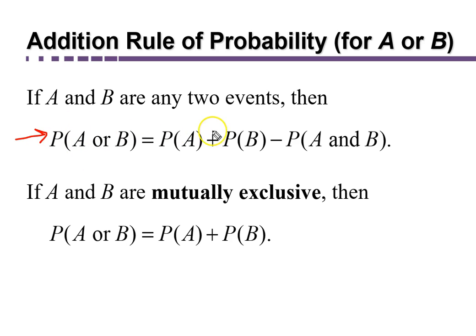If they're not mutually exclusive, you have to subtract those that are found in both, so you only count them once. And we'll illustrate this shortly. Now, if they are mutually exclusive, then the probability of them is just the sum of the two events. Here, it'd be the sum of the two events, but subtracting out those that are found in both, so they're not counted twice. Let's go on to an example.